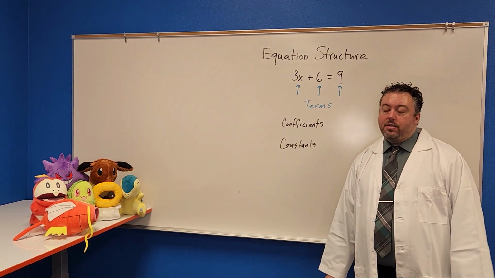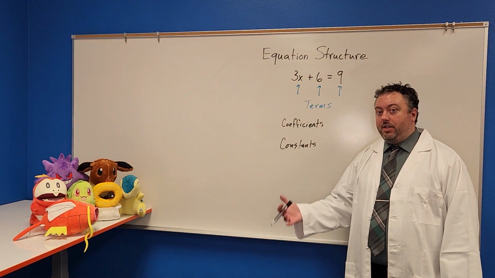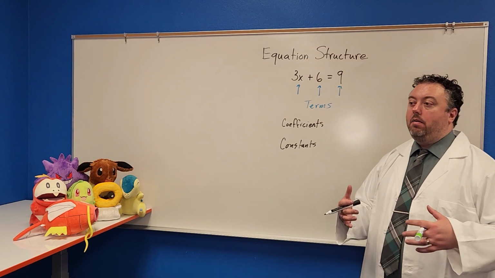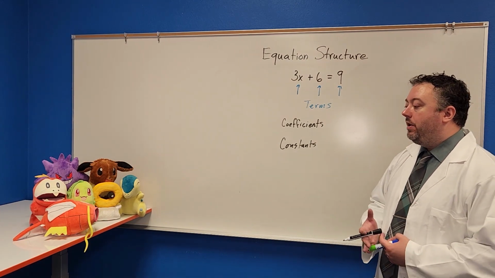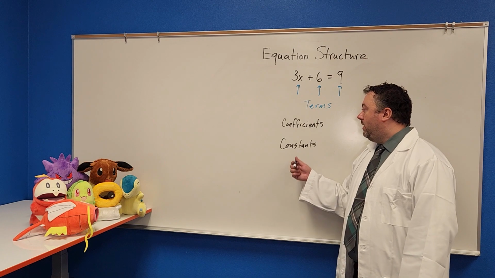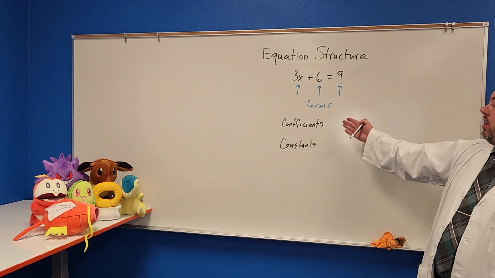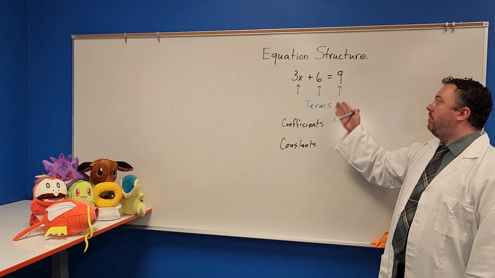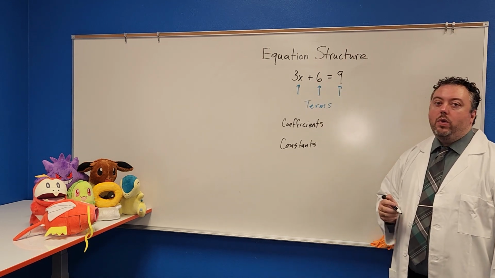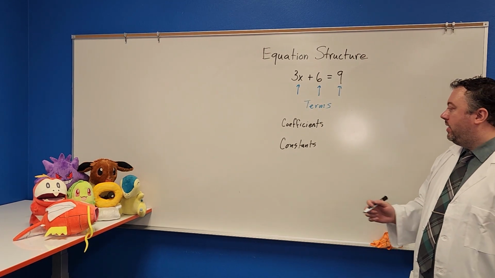Within our equations, at this level of math, when you reach higher levels of math there may be more terms added, but at this level, these are the only two terms that we're going to use to describe the numbers we see in this equation.